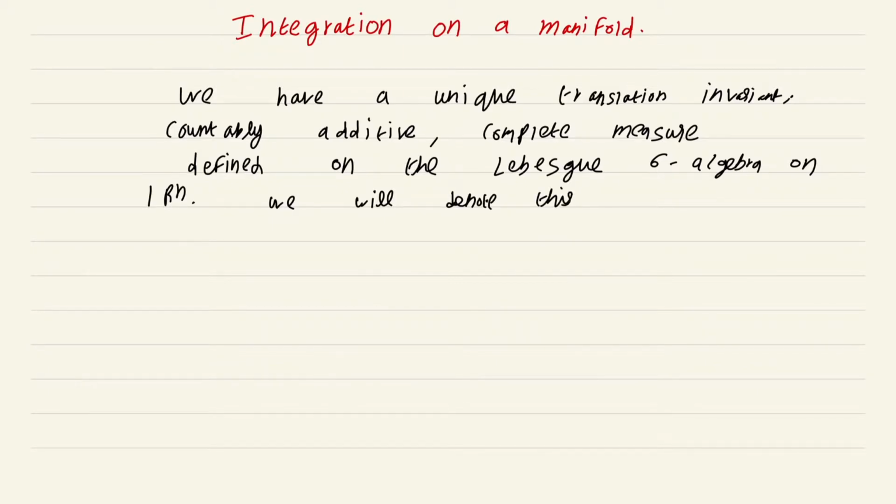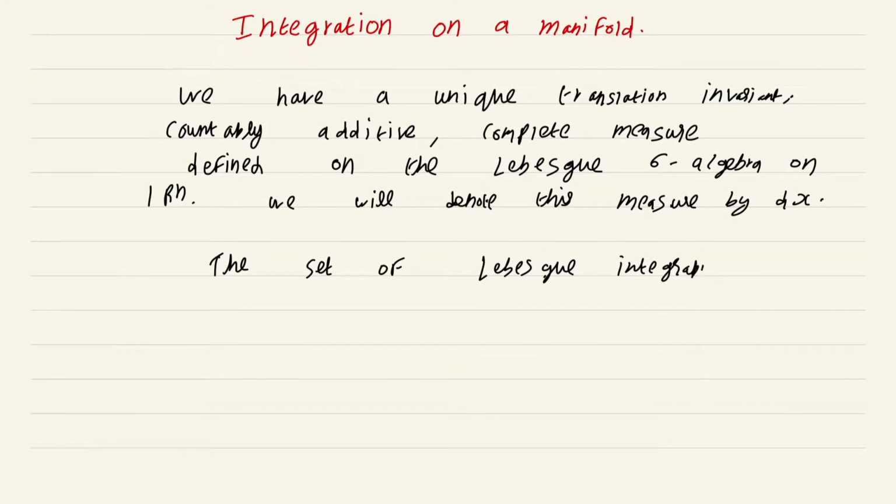Okay, so the set of Lebesgue integrable functions, these are functions whose absolute value is integrable on Rn, is denoted L1 of Rn. And this is a vector space.